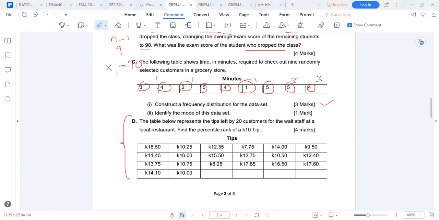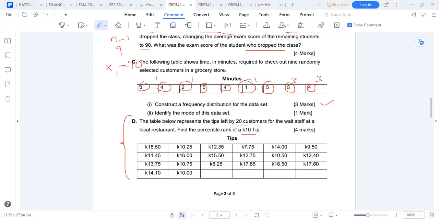We have been told to find the rank of the 10th tip. So we need to rearrange them in order, starting from the smallest.